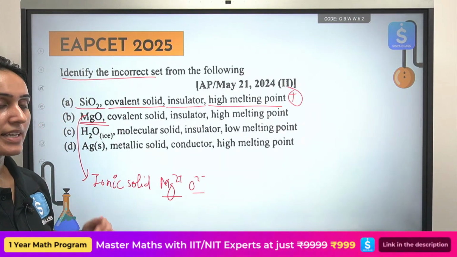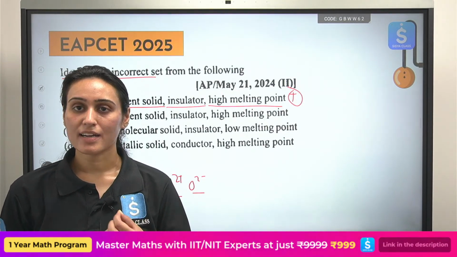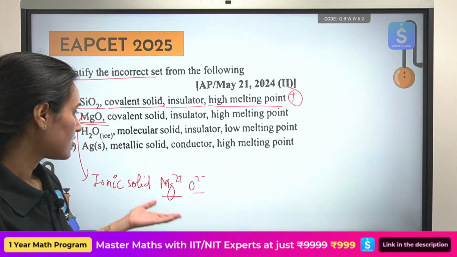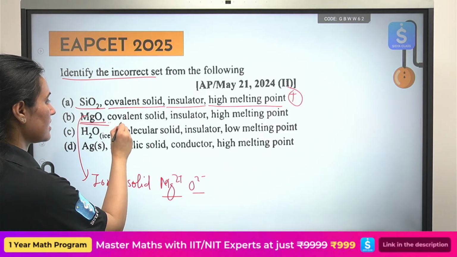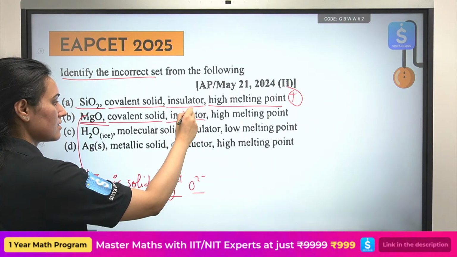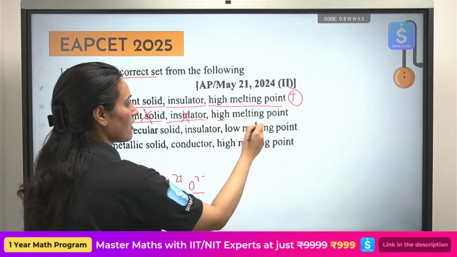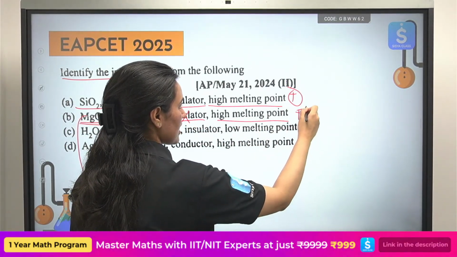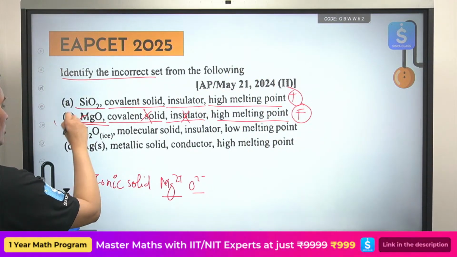Cations and anions are linked together by electrostatic force of attraction. Okay, so in this case, this is an ionic solid. It will conduct electricity and it will have high melting point, but the statement itself is false.